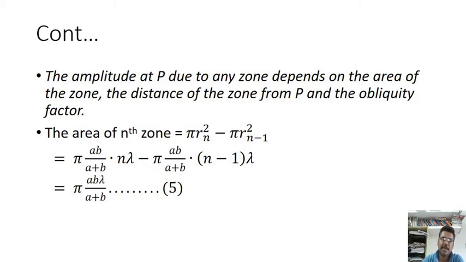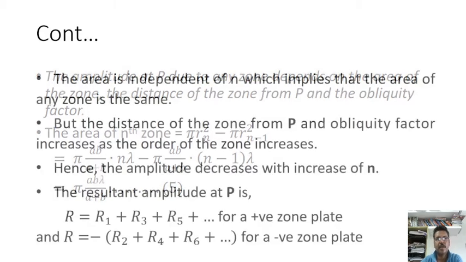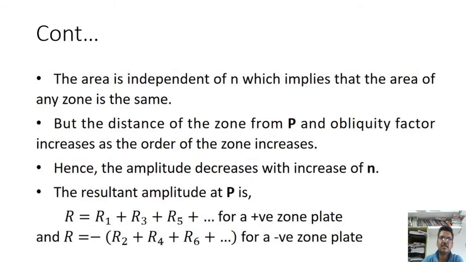Substituting, we get equation number 5. So after knowing these equations, the area is independent of n, which implies that the area of any zone is the same.